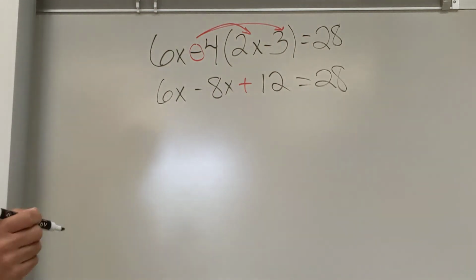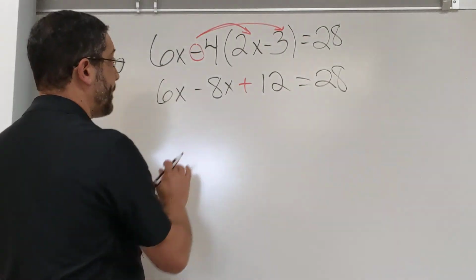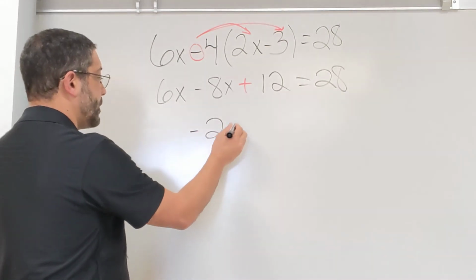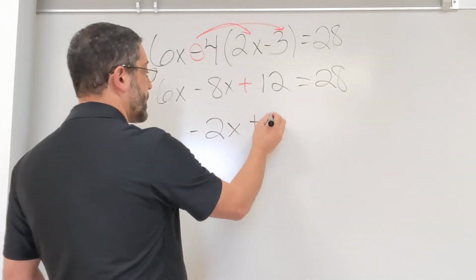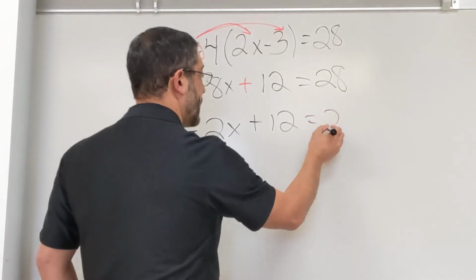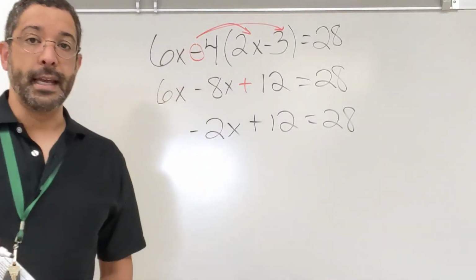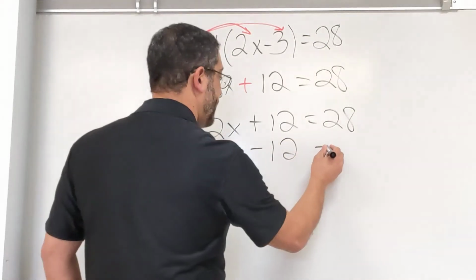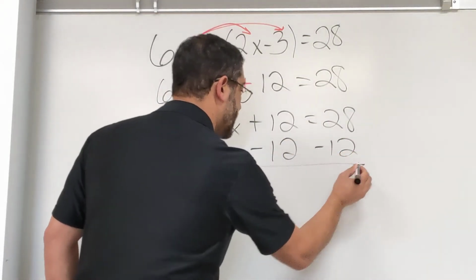Okay, so then the next thing that I do is combine my like terms. So 6x minus 8x is going to be negative 2x, plus 12 equals 28. Then the opposite of addition is subtraction, as I'm trying to isolate my variable. So I subtract 12 from both sides.